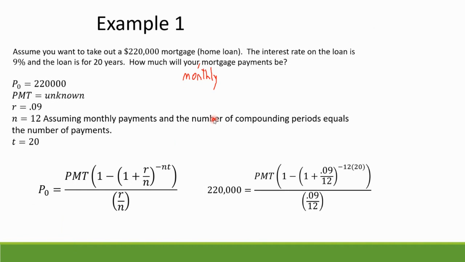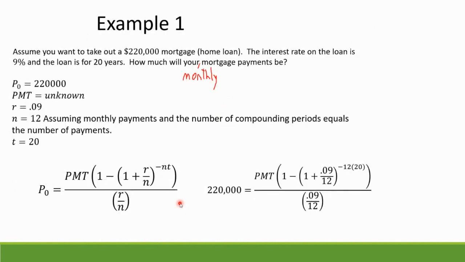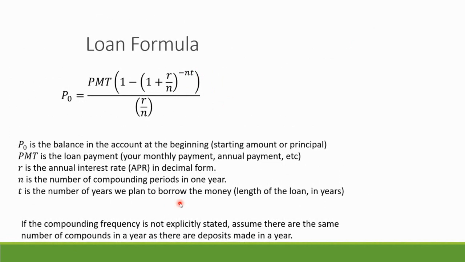Now, since they're monthly, remember, we're assuming that unless stated otherwise, the number of times the account is compounded equals how often we make payments.